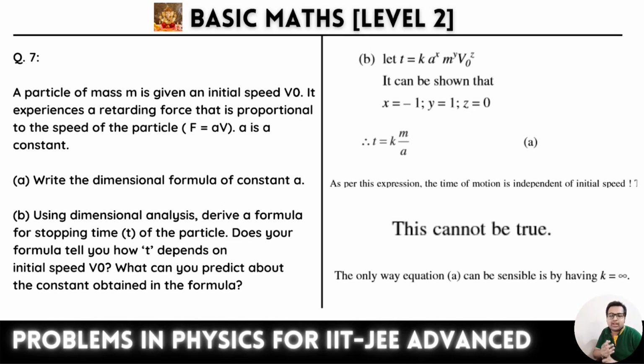So ultimately, stopping time should depend on v. But in this derivation from dimensional analysis, v is not there. This can be possible only if k is infinity, meaning only at infinite time, because in a normal situation it is not possible, as t is directly dependent on velocity, as we can very easily observe.